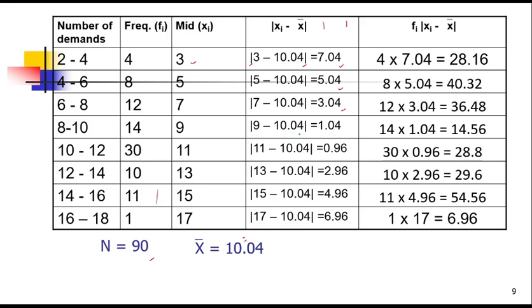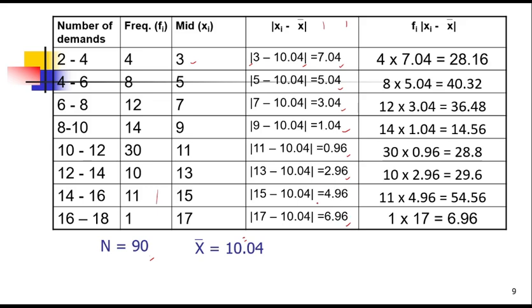Till this point the values were negative within the mod sign, but we have considered the positive values. From this point onwards, all values are positive. 11 minus 10.04 is 0.96, 13 minus 10.04 is 2.96, 15 minus 10.04 is 4.96, and 17 minus 10.04 is 6.96. So we have obtained the values of xi minus x bar.